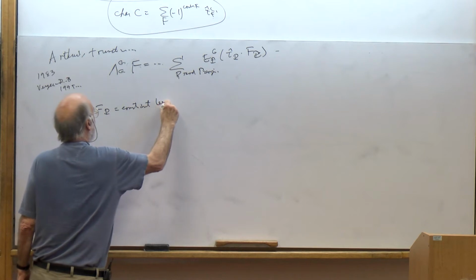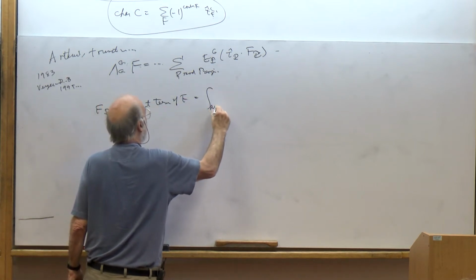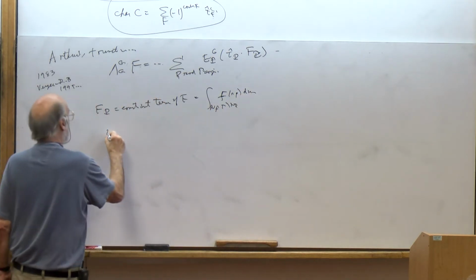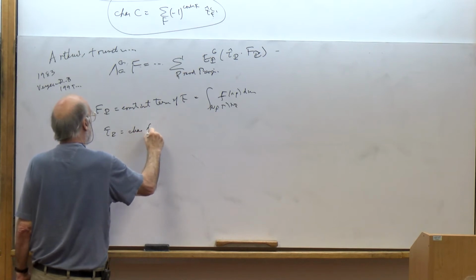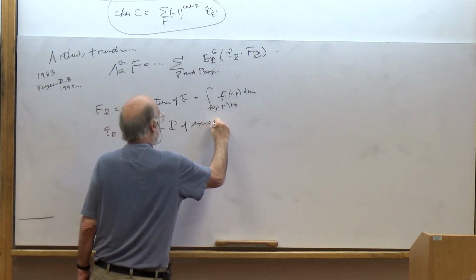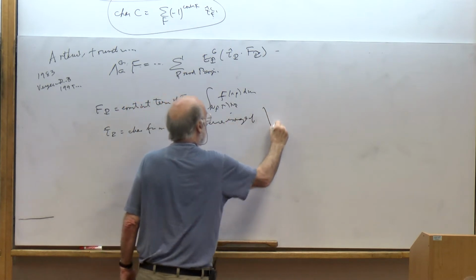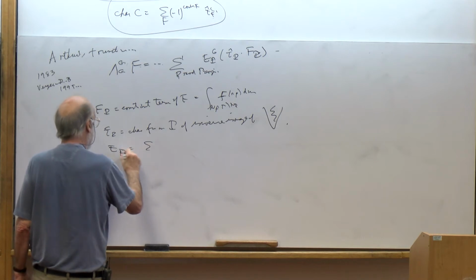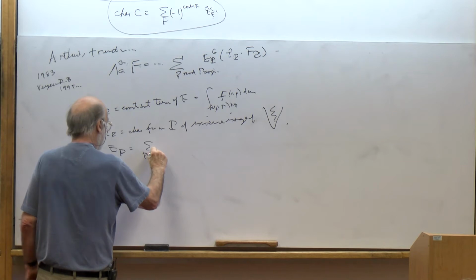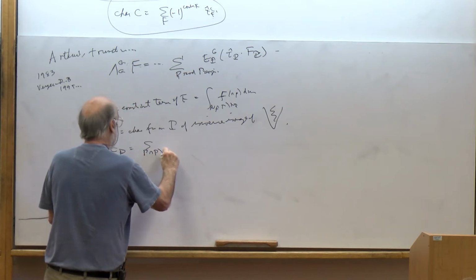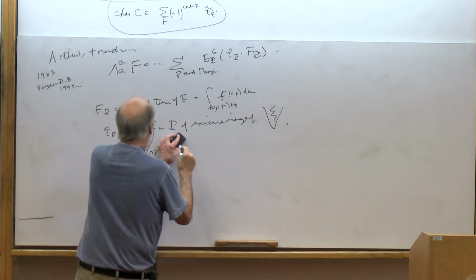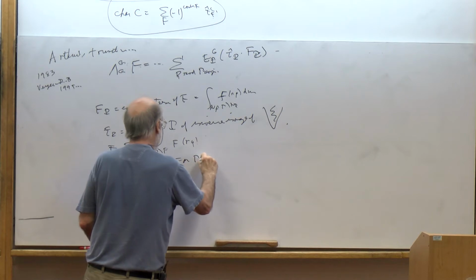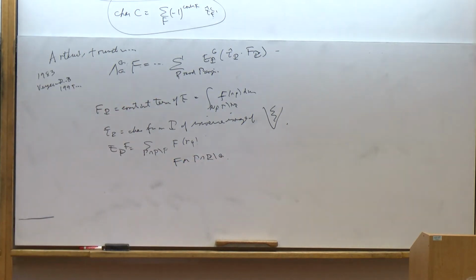equals the constant term of f equals the intersection f, and tau hat P equals the characteristic function on P of the inverse image of, and E_P equals the sum over gamma in gamma intersect P of F of gamma G, where gamma intersect P is divided by G. So this is basically an Eisenstein series.